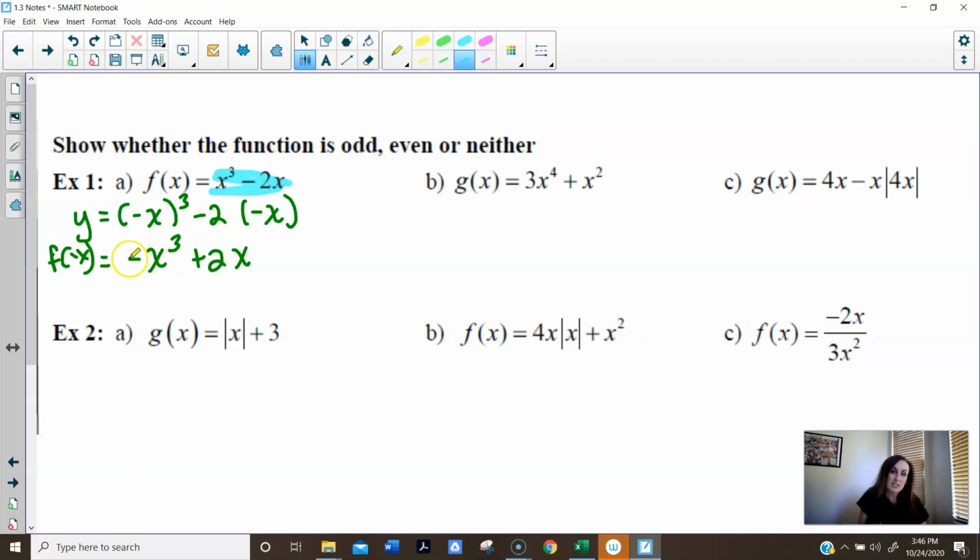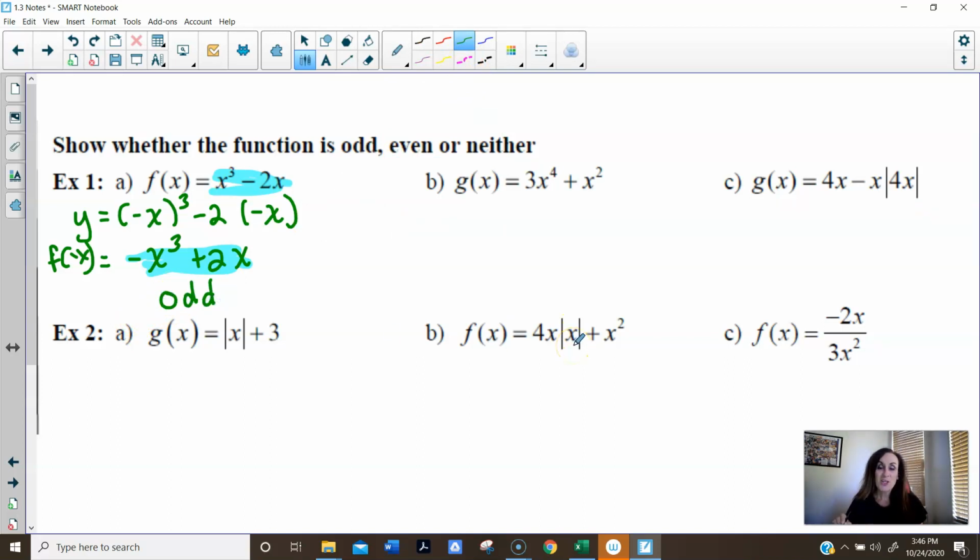My new function is the opposite of x cubed plus 2. And you can see this is exactly opposite the original. This one's positive, this one's negative. This one's negative, this one's positive. Therefore, if it's exactly the opposite of the original, the function is odd. So this one is odd.